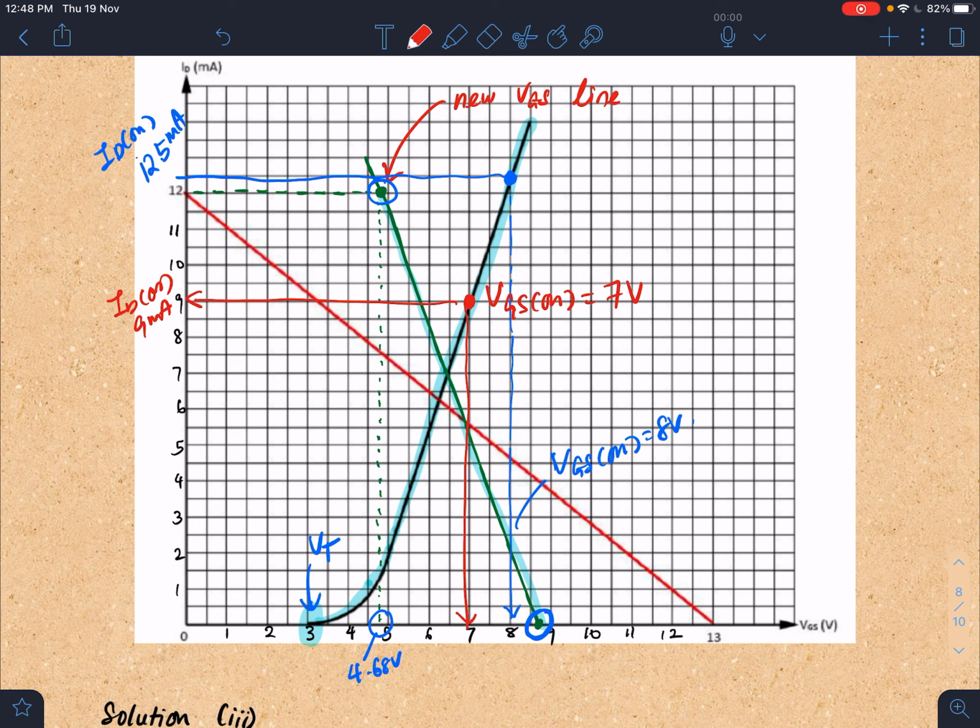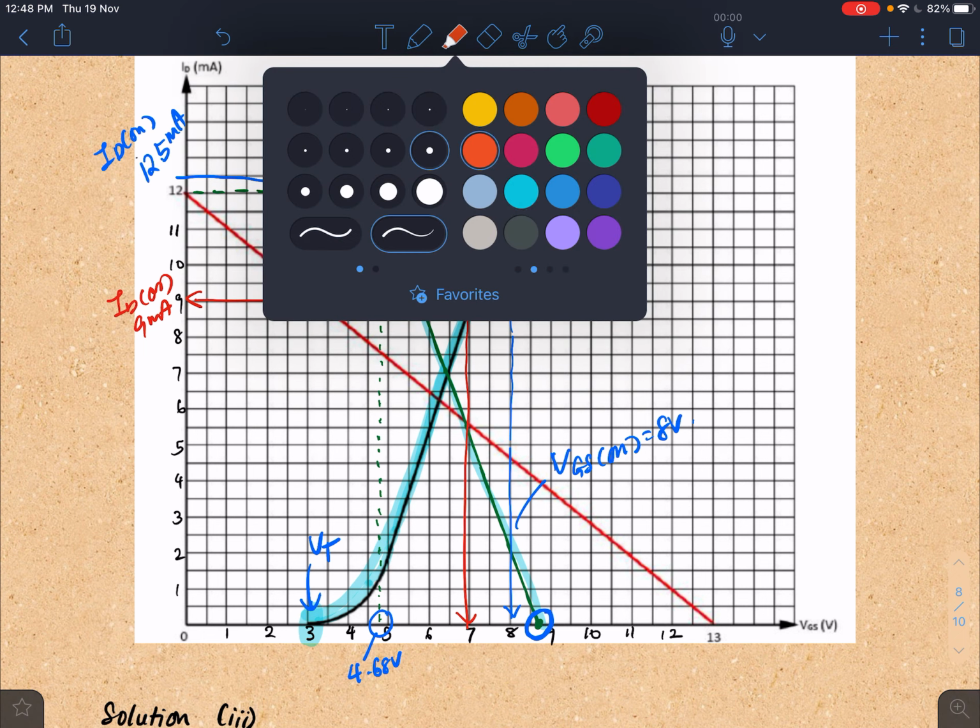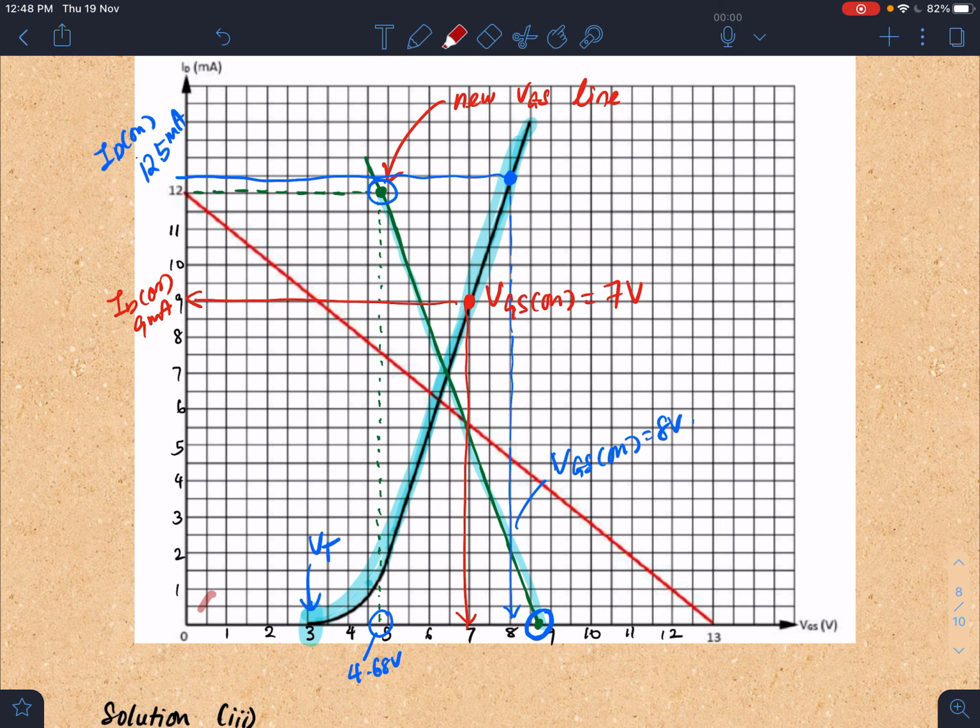Make sure you choose the ID and VGS on that are located along the curve, but not this part, because this area is the off area. Your transistor is in off condition here, while this is the on condition.